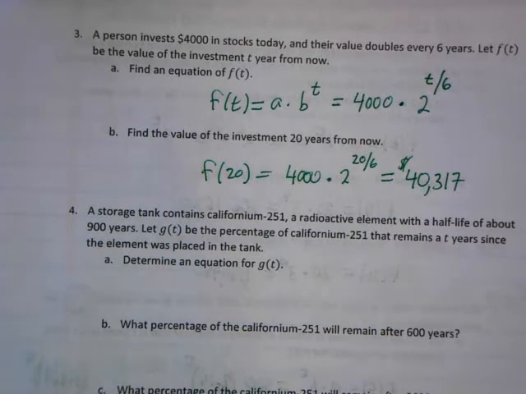Believable? If you invest $4,000 in a stock, you'll have $40,000 in 20 years? It's a whole Wall Street stuff, probably. It's possible. Not likely, but certainly is possible. For example, I know when I moved here in the year 2000.